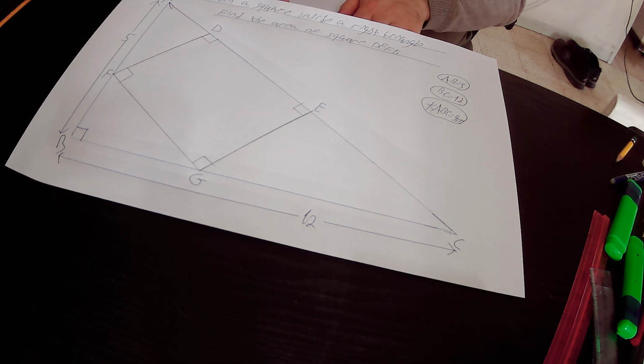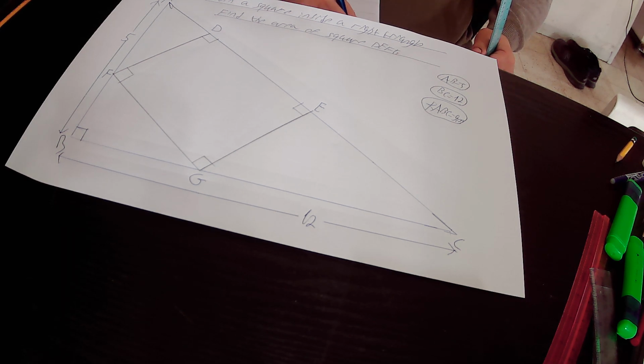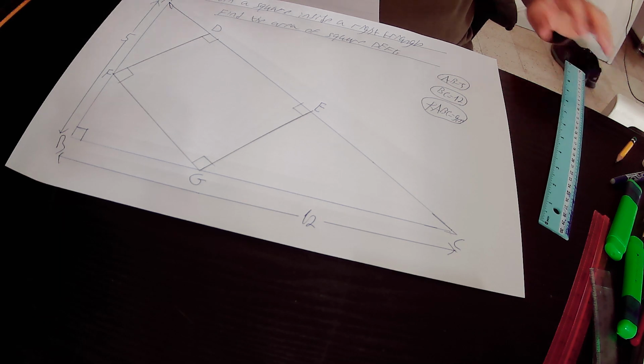According to the Pythagoras theorem, in any right triangle, the square of the hypotenuse equals the sum of the squares of the perpendiculars. So the hypotenuse in the right triangle ABC is AC, therefore the square of the hypotenuse is AC square, and it must be equal to AB square plus BC square.